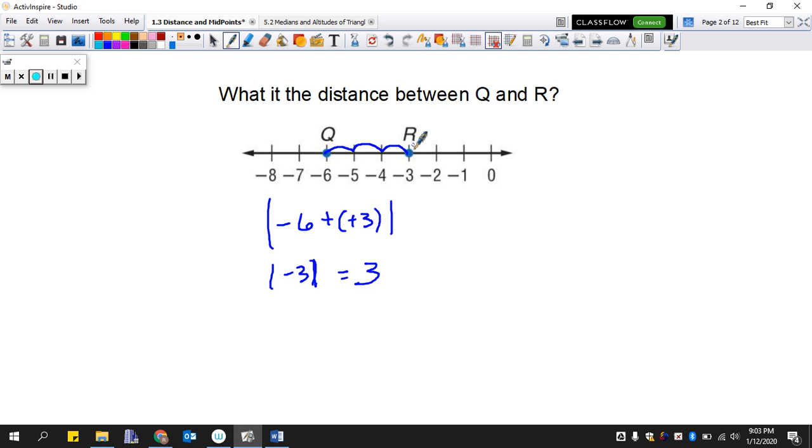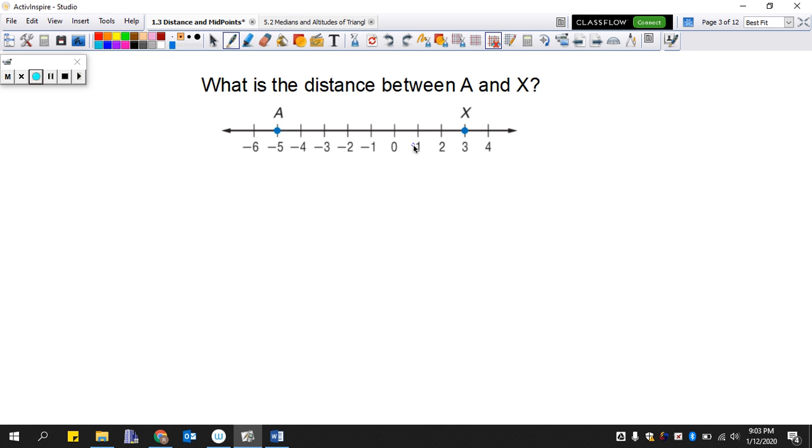What's the difference between A and X? Well, A is -5 minus X, which is 3. All right? -5 minus 3 is simply -8, because you do your keep, change, change. -5 plus -3 is -8.